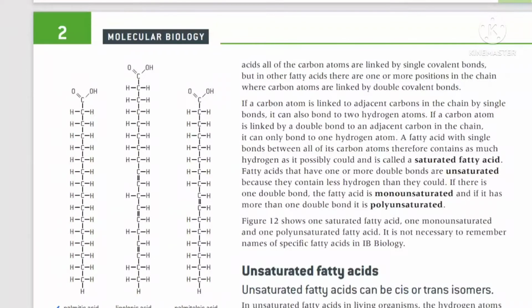If you count the carbons, starting from here, 1, 2, 3, 4, 5, 6, 7, 8, 9, 10, 11, 12, 13, 14, 15, and 16. The 16th is the carboxyl group. So the question can be asked, how many carbons in the R group? The R group still has 15 carbons, and 1 is the carboxyl group. The total fatty acid has 16 carbons, including the carboxyl group.